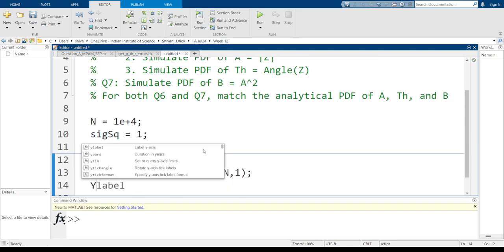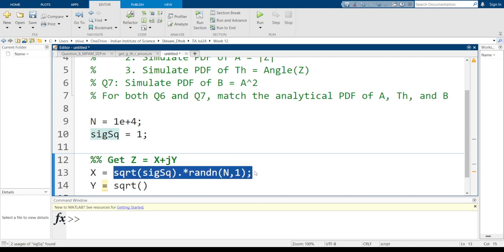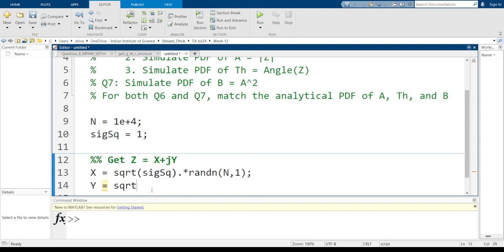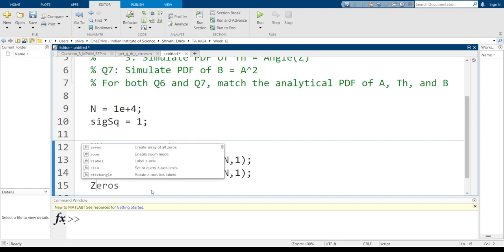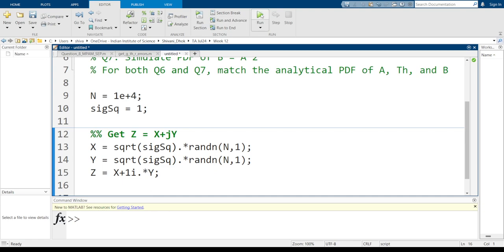Similarly, Y is the same thing, because X and Y are IID, and then Z will be equal to X plus 1i into Y. Okay, so let us run this first.